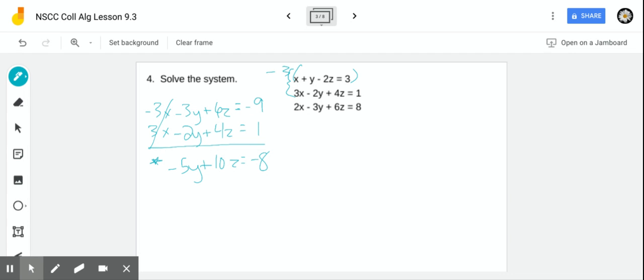Okay, now I'm going to pick a different two equations to eliminate x again. Always have to eliminate the same variable. So I already did equations 1 and 2. This time I'm going to do equations 1 and 3. So I need to multiply this by -2. So that's going to give me -2x minus 2y plus 4z equals -6.